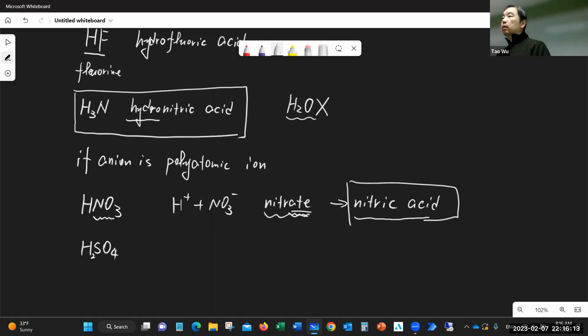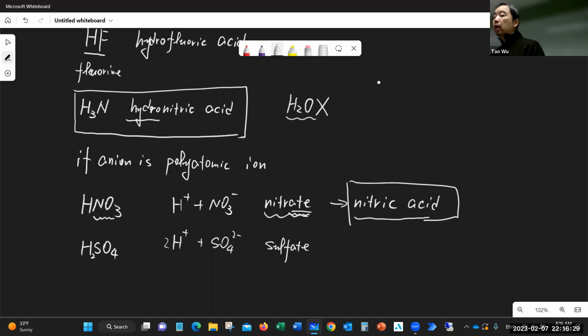H2SO4. Again, you can see two hydrogen ions plus one sulfate ion. This is called sulfate.